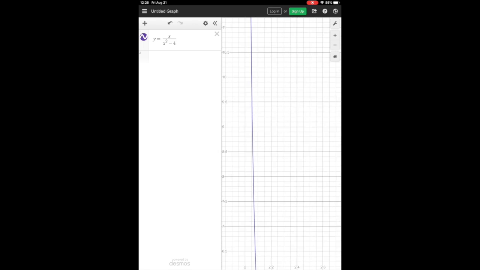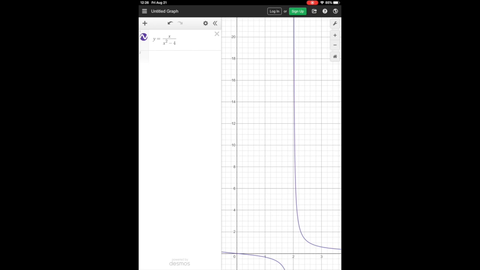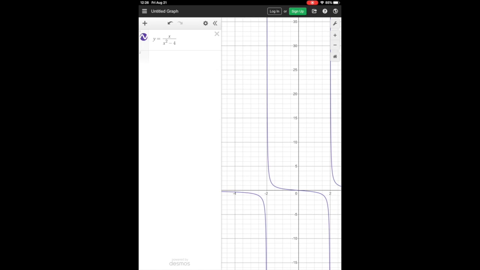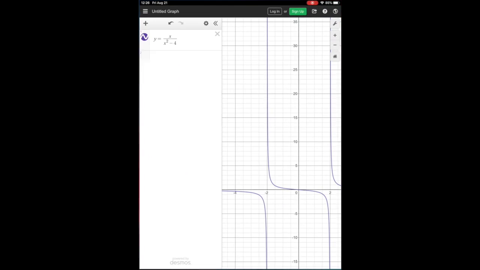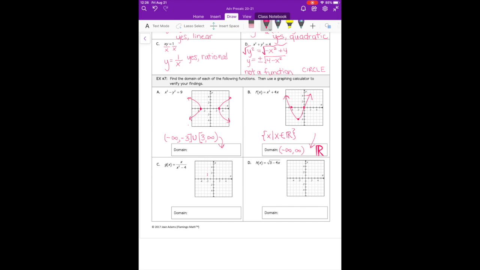If I look here and I keep zooming in, do you notice that it's not ever actually touching this line that it's getting close to? That's called an asymptote. Same thing's happening at -2. So when I graph that, I'm going to put dashed lines here to be an asymptote, meaning that it never touches it, but it gets real close.